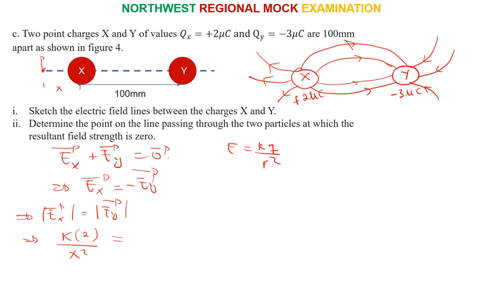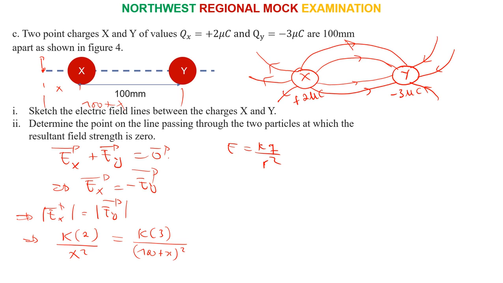This will be equal to E of y, which is k times 3, divided by the distance from y to the point, which will be 100 plus x, all squared.